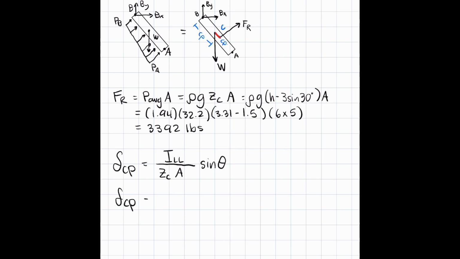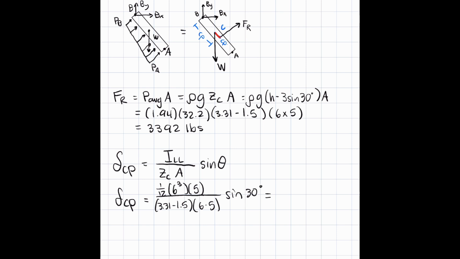All right, so let's solve for that delta value. Delta Cp is equal to 1/12 times 6 cubed, because we're going with respect to the length, and 6 is the length, times the width into the page, 5, divided by Zc, which, as you recall, we already found is h minus 3 sine 30, or 3.31 minus 1.5, times the area, which is also 6 times 5, times sine theta, the angle from the horizontal, which is 30 degrees.